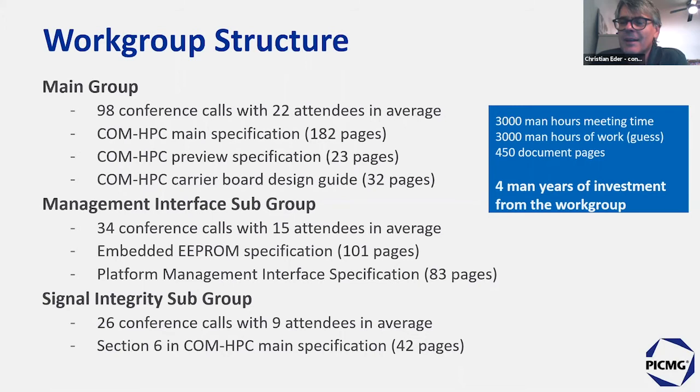So you see, it's quite a lot of energy and a lot of know-how which went into this specification, and that's why it's a heavy piece of documentation. But the more energy the group invests into a clear and good specification, the easier it is to create applications based on that. And that's the basic idea, to simplify the whole process of customized compute and to simplify the process to generate edge servers, for example.